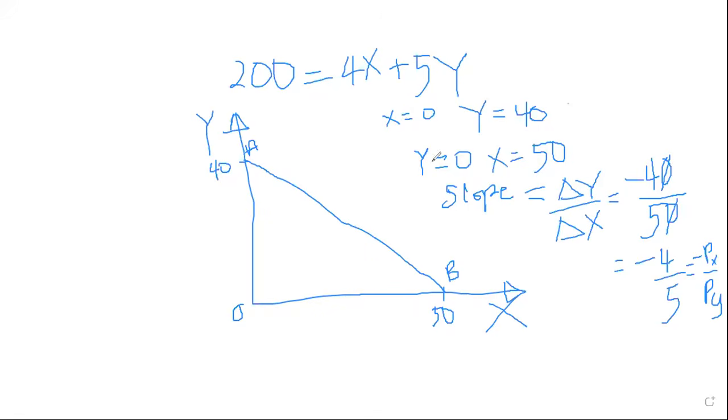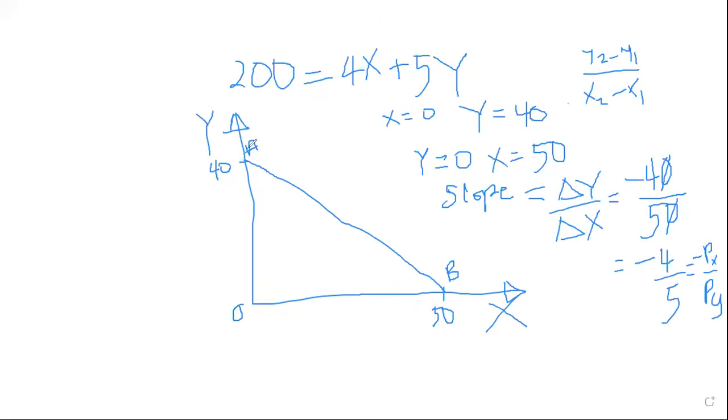Or you can say that the slope is y2 minus y1, which gives you the change in y, over x2 minus x1. If you like, do it this way. At A, that is where we have the ones, and then we move to B, which is the 2.